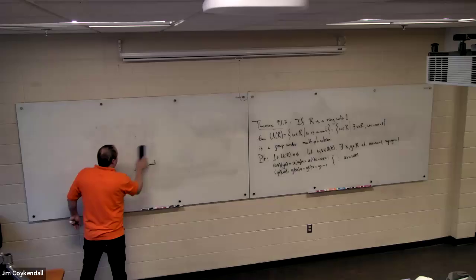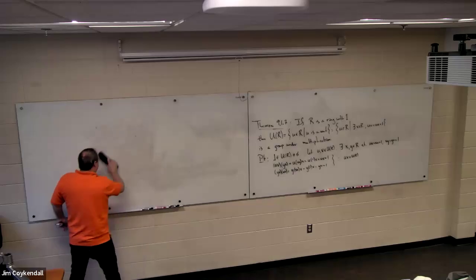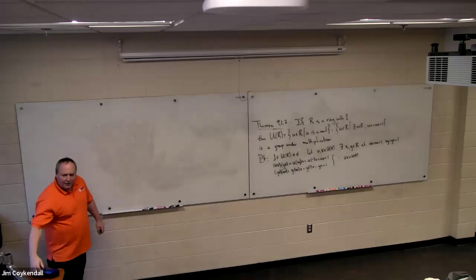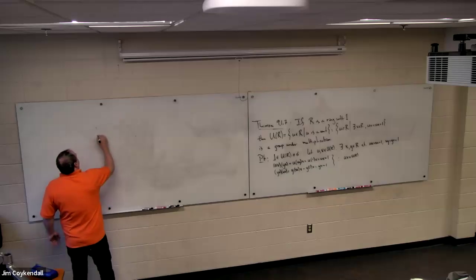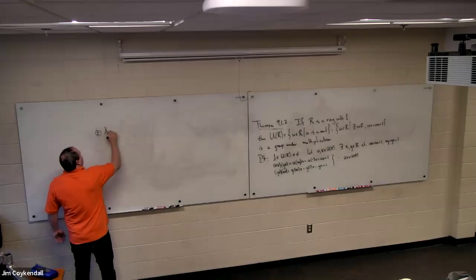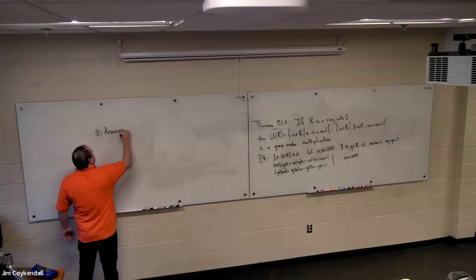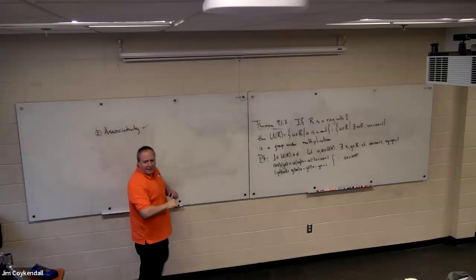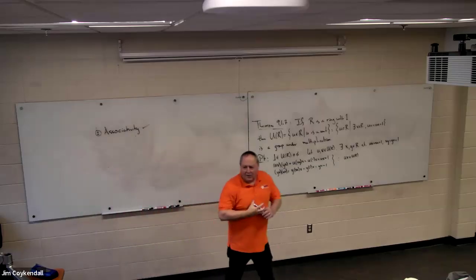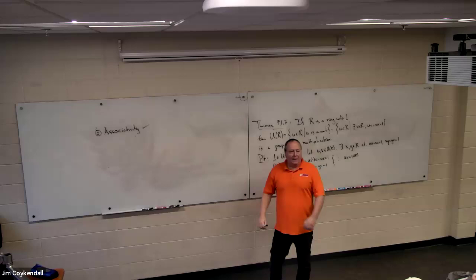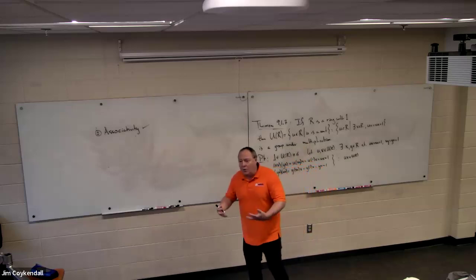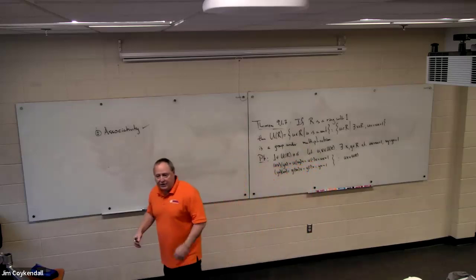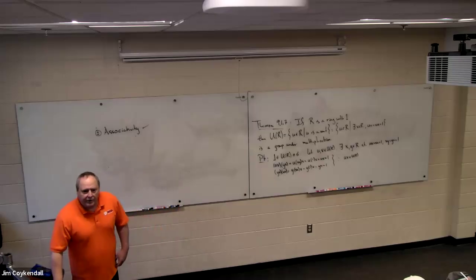Let's see, what other obnoxious things do we have to worry about? Well, associativity. I'm just going to put a check there. Why can I be such a lazy man? Because we already know the ring multiplication is associative, correct? So there's nothing really to check here.